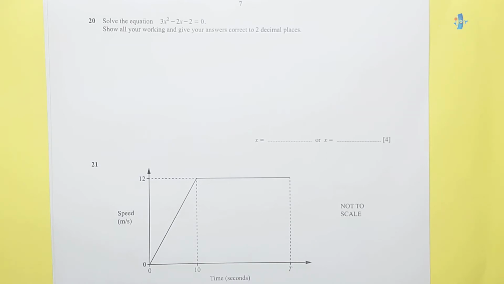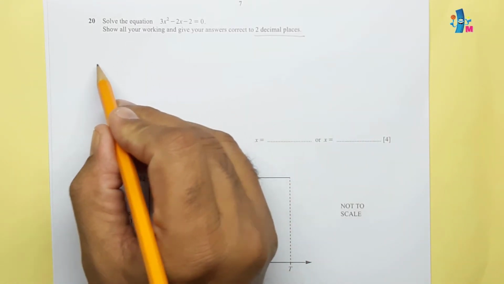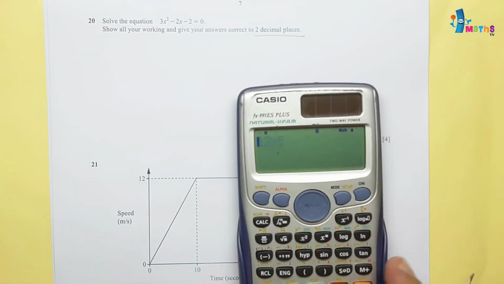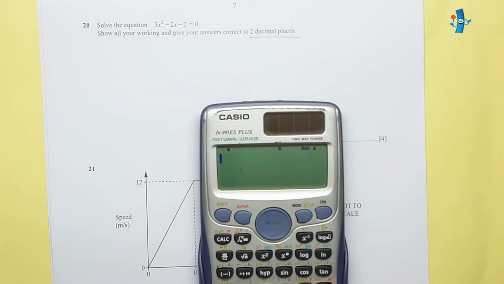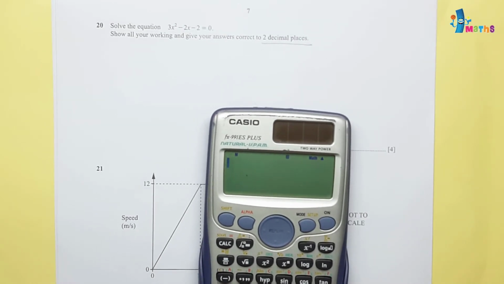Next, question number 20. Solve the equation, show all your working and give your answer correct to 2 decimal places. I'll tell you the easier way to solve this. I don't know if you learned this already or not. I will be explaining this method thoroughly for factorization by using the calculator.